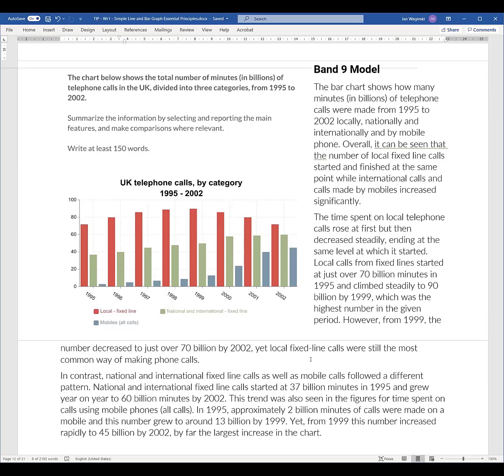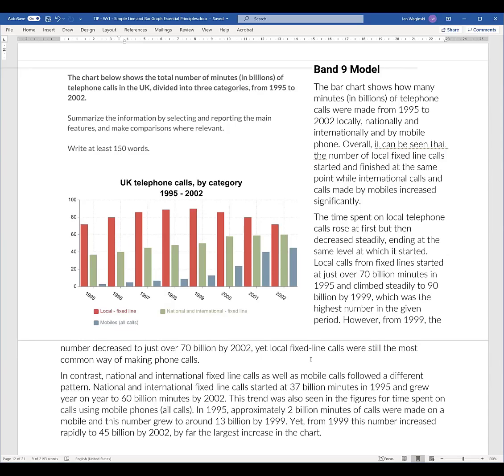In contrast, the national and international fixed line calls, as well as mobile calls, followed a different pattern. National and international fixed line calls started at 37 billion minutes in 1995 and grew year-on-year to 70 billion minutes by 2002. This trend was also seen in the figures for time spent on calls using mobile phones.